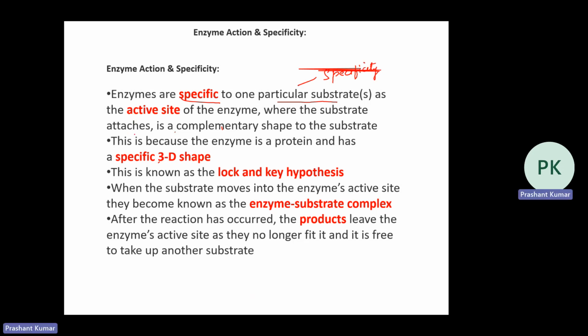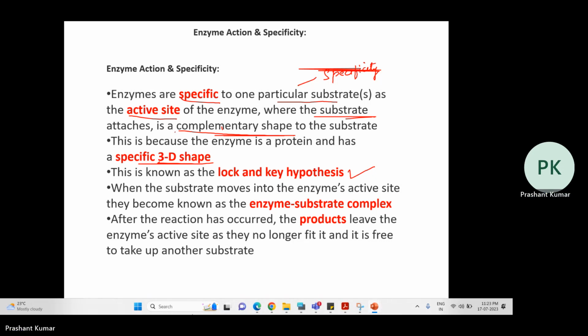Then we have that active site where the substrate is going to bind due to the complementary shape. Why is this happening? Just because of the specific 3D shape of the protein, of the enzyme. And we have just now seen the lock and key hypothesis, where enzymes combine with the substrate in a lock and key method.